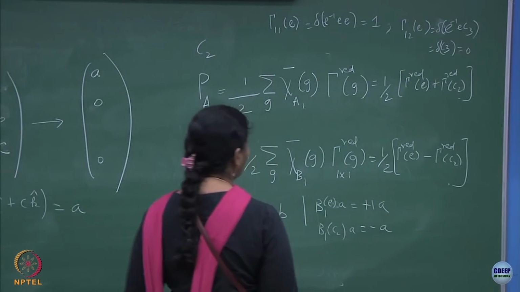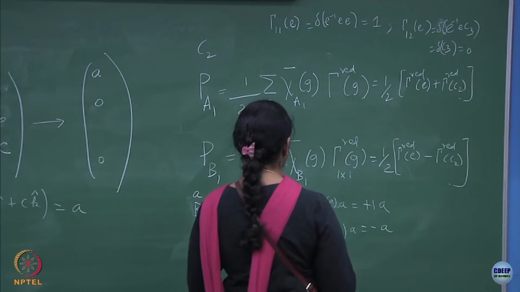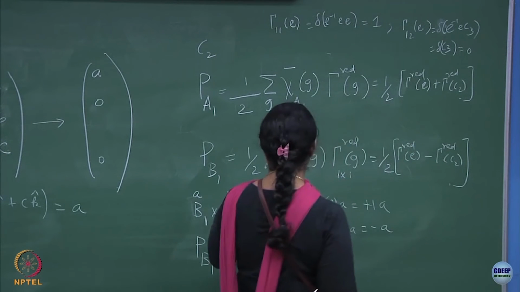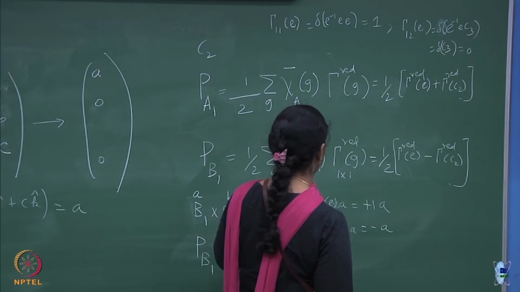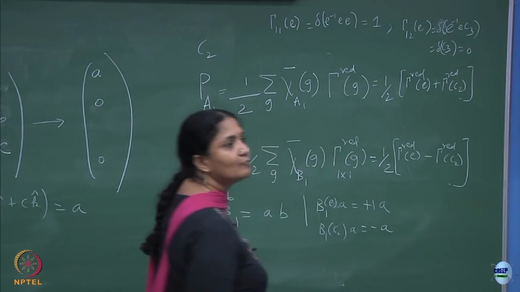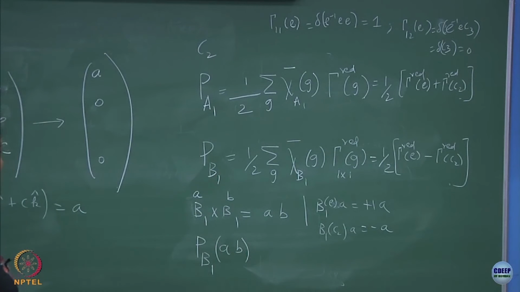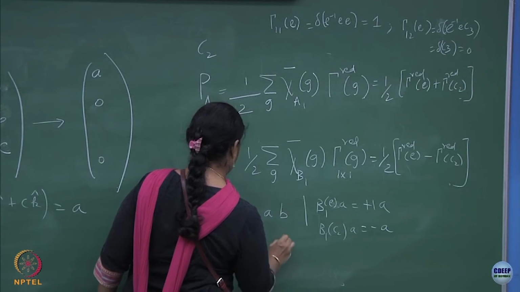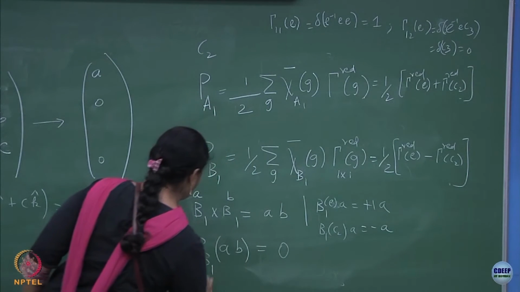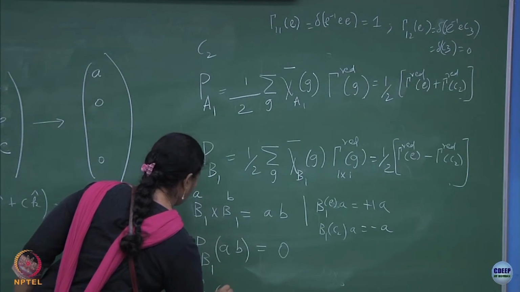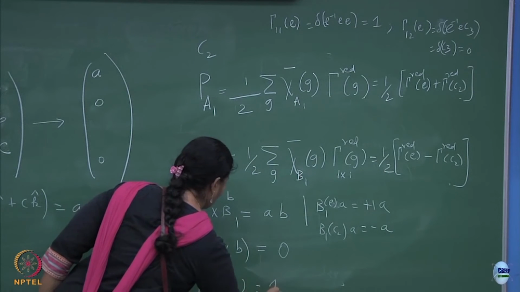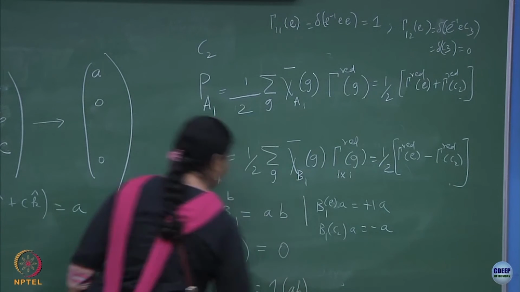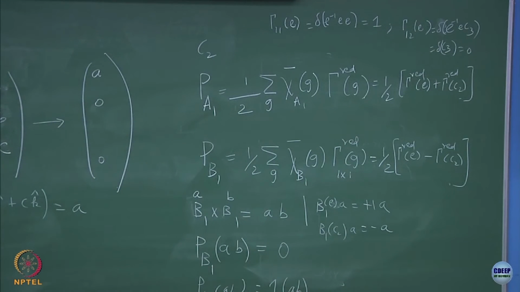So, you will find it to be AB, and this will be a minus, and then you will see which one will survive. Which one will survive? Is that right?